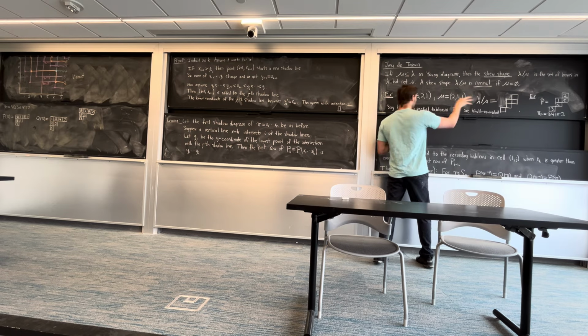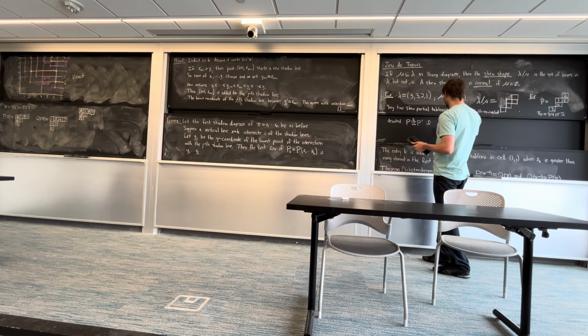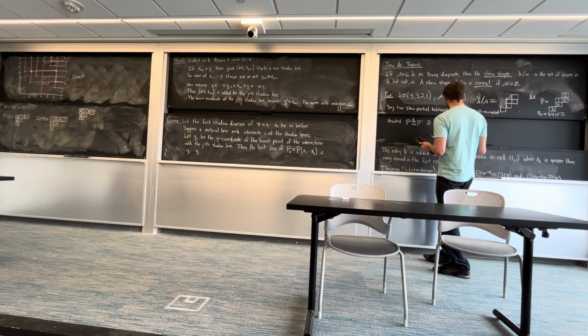We have a notion of Knuth equivalence for just strings of integers, and so we can talk about pi sub P being Knuth equivalent to pi sub P prime.